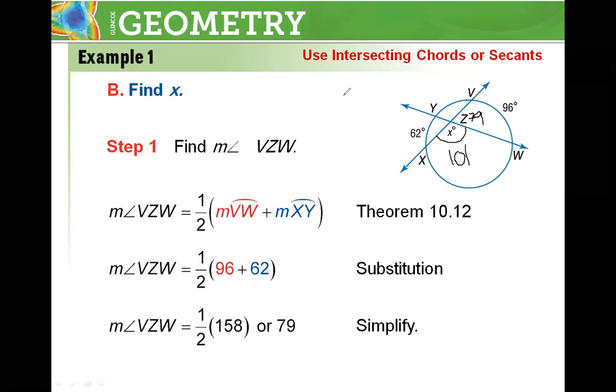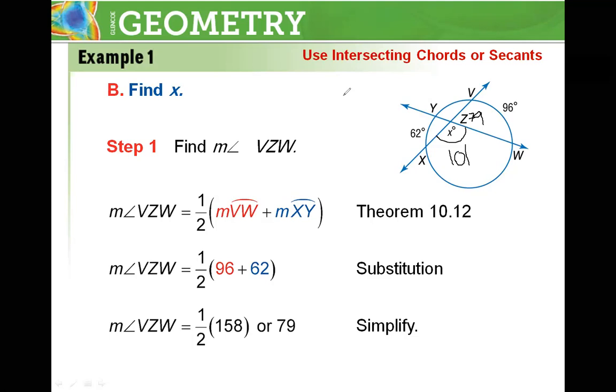Again, from the beginning. I asked Muhammad to get the measure of angle X. Muhammad worked as we worked in the previous example. He looked for the two arcs opposite to angle X. He didn't find any information, so he thought about angle Z first. And after he got angle Z, he did 180 minus it because they are supplementary angles.